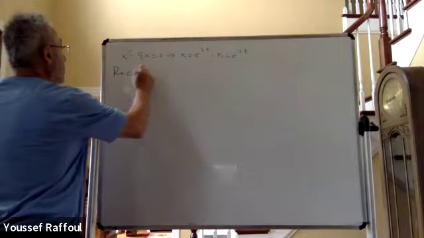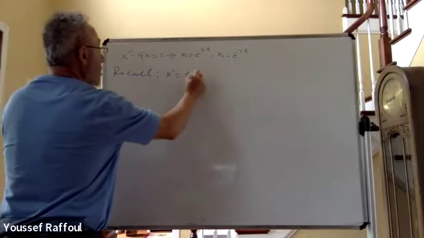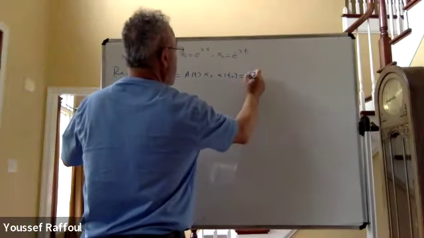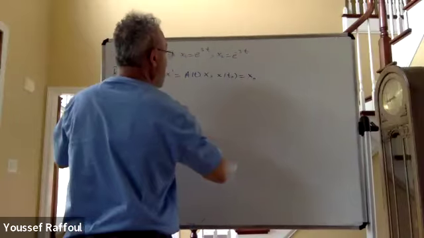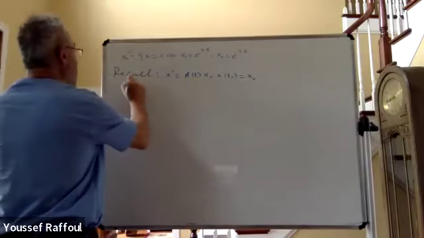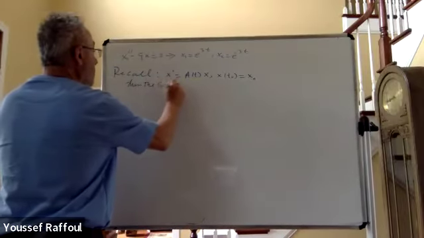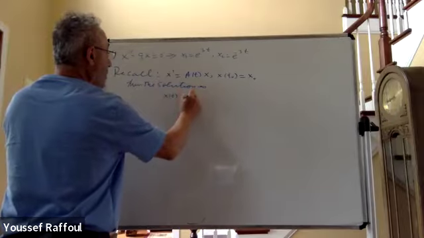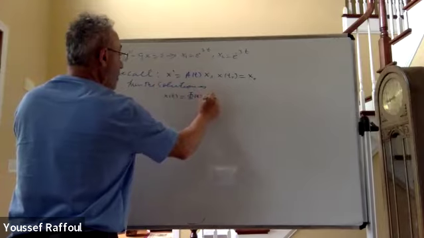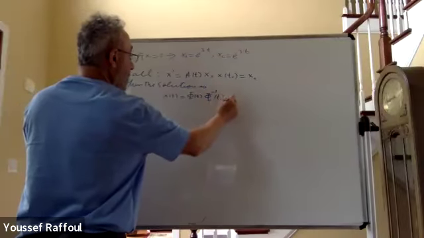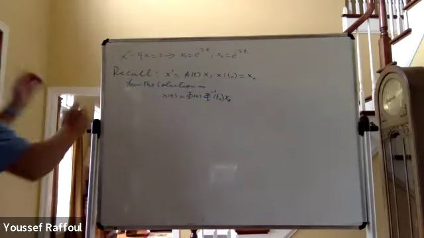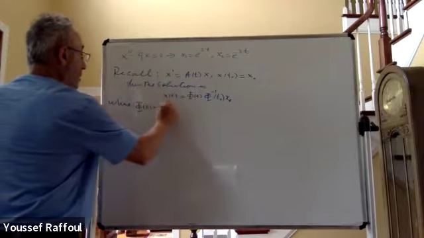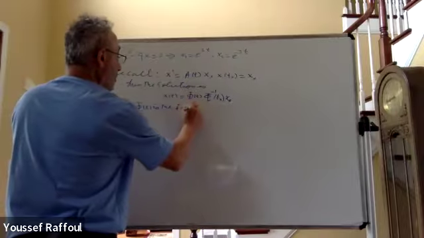Recall, if we have x prime equal A(t)x with x(t naught) equal to x naught, then the solution is x of t equal phi of t, phi inverse of t naught, times x naught, where phi of t is the fundamental matrix solution.